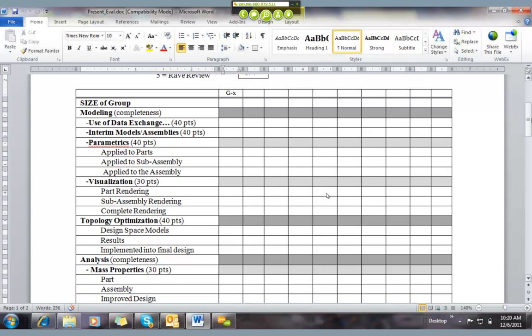But it ought to have components that deal with data exchange. It ought to have components that deal with interim models. It ought to have a discussion of parametrics and visualization and so on. And so we've listed these things just in kind of an order that they were lectured on, but in my mind, it would be a boring presentation if this were the exact thing that everybody followed.